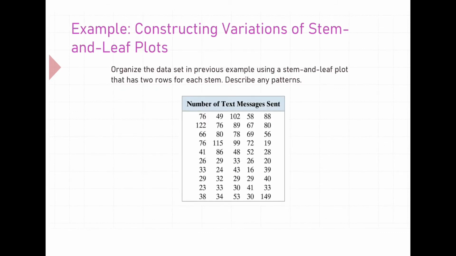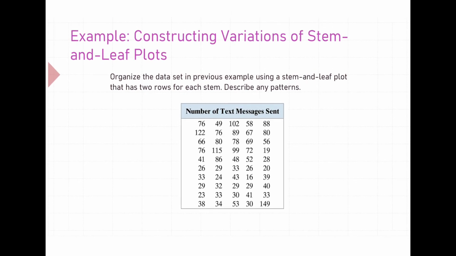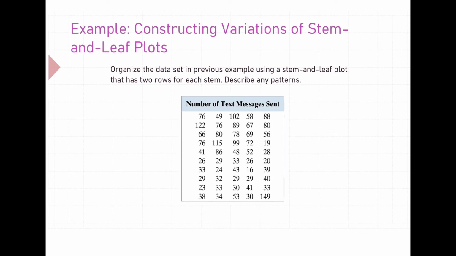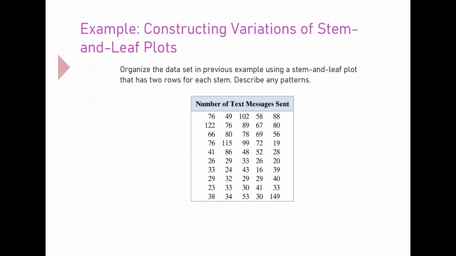Another way to organize the data, and this really applies when we have a large set of data, is to do 2 stems for every one. So for example, for our data, if I was going to get a start here, we do 2 1s and then 2 2s and 2 3s and go all the way down to 2 14s.